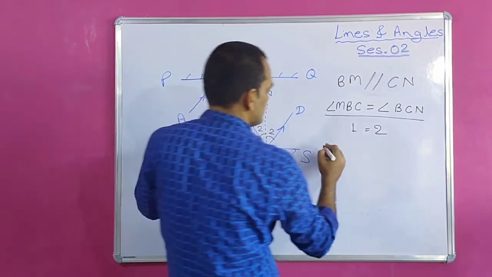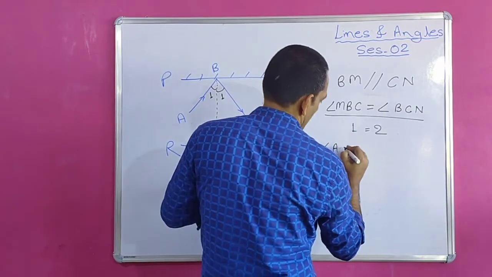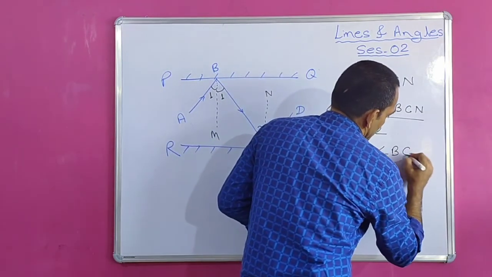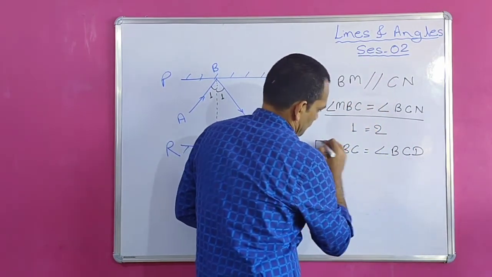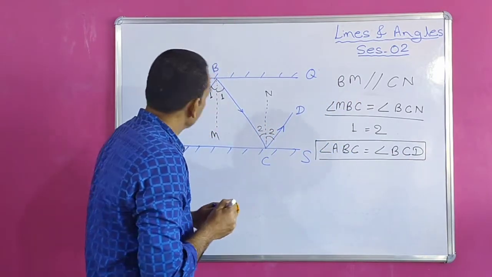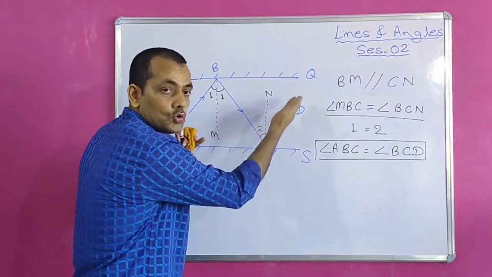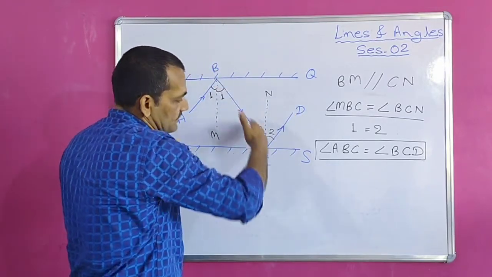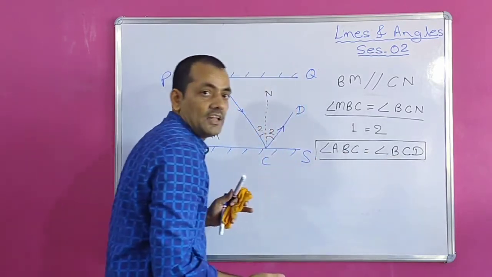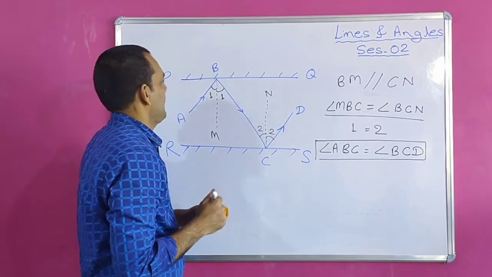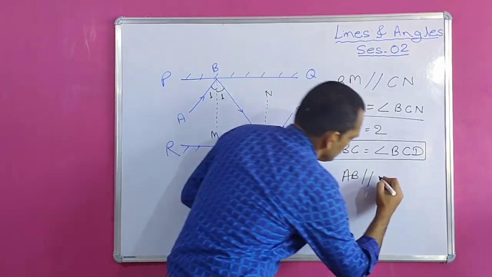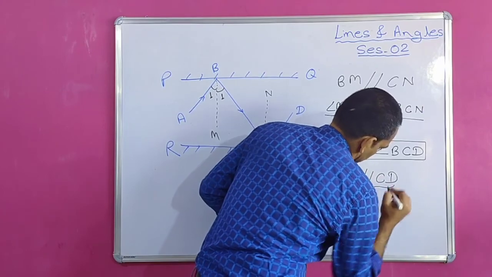It simply means angle ABC equals angle BCD. Now, if these two angles are the same, AB and CD are two lines cut by a transversal BC. These two are alternate angles. If the alternate angles are equal, it means the lines are parallel. So AB is parallel to CD. Okay.